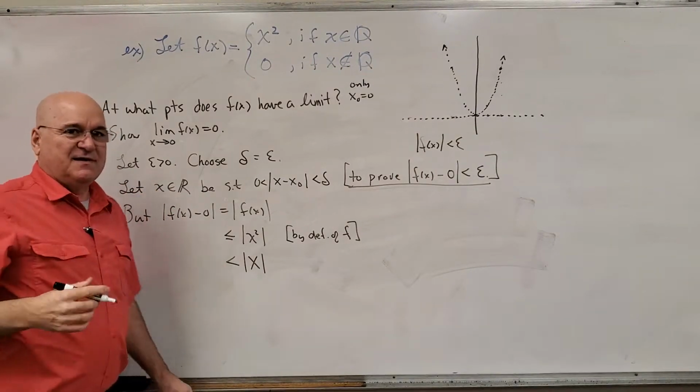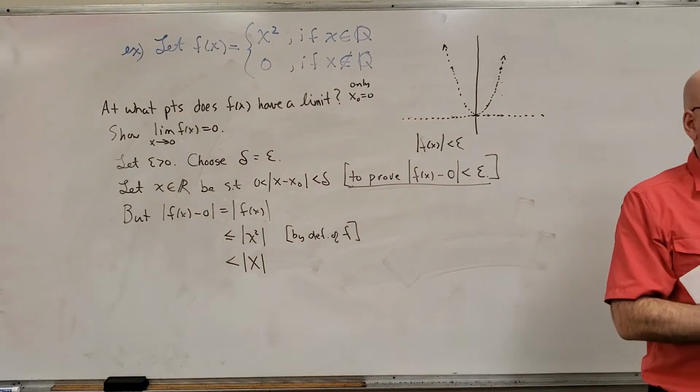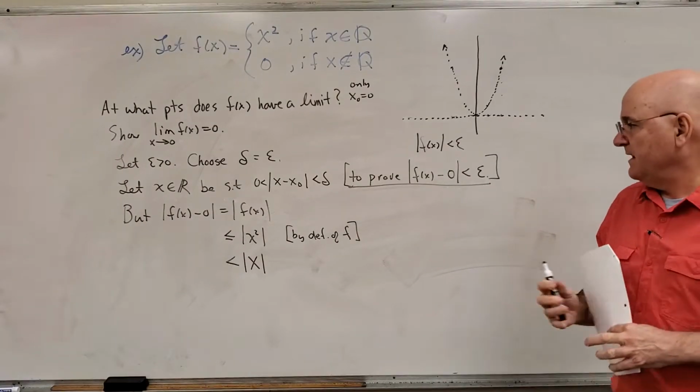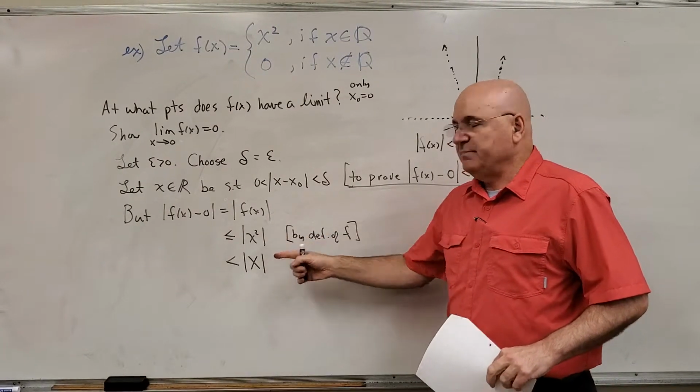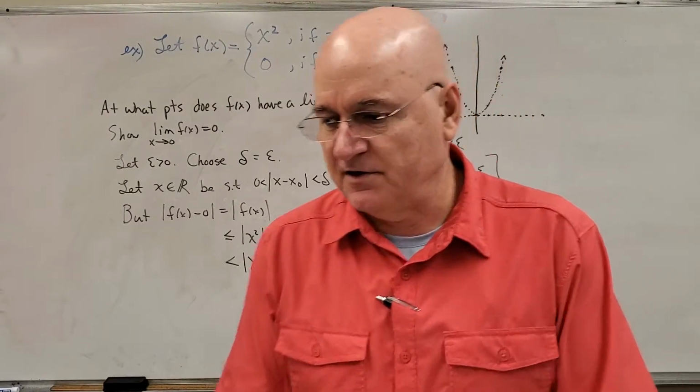Can I do this though? Can I make that next statement? Look at the graph. Is the graph of x squared below the graph of f of x equals x? Let me use a different color here.